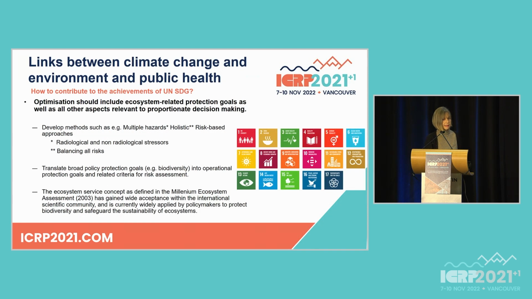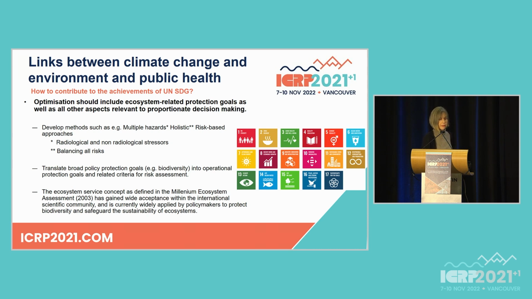This is my last slide, where I will focus on the way we could modernize optimization. Especially, we should include ecosystem-related protection goals as well as all other aspects relevant to proportionate decision-making. So the idea there is to develop methods such as multiple hazards, meaning radiological but also non-radiological stressors, and holistic, meaning balancing all risk-based approaches.